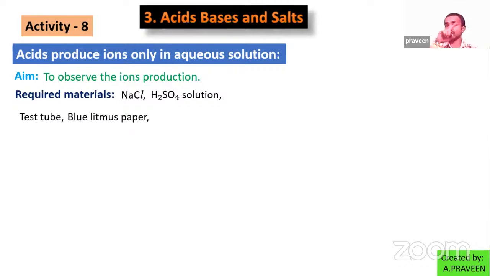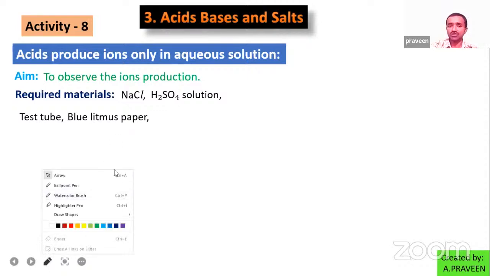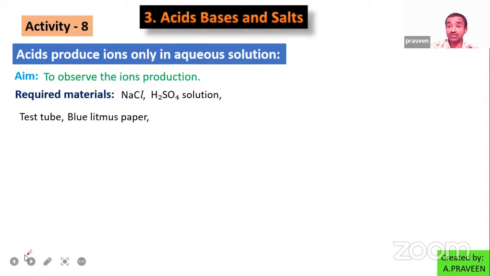Blue litmus changes into red in color, which indicates the nature of the substance as acidic. We know HCl is an acid. Then is that acid behaving as an acid or not? That means, is it affecting the litmus paper or not?